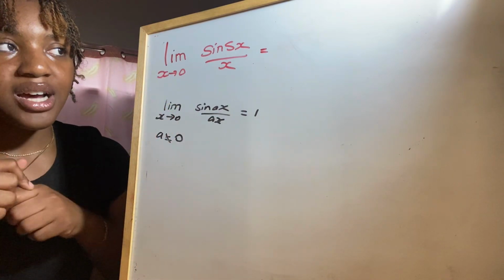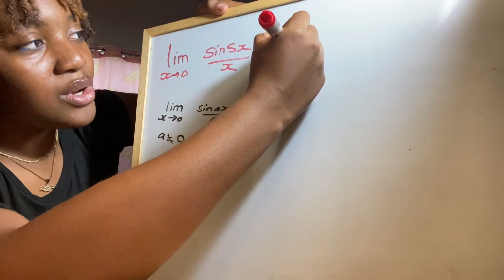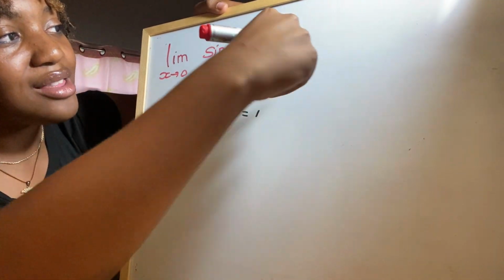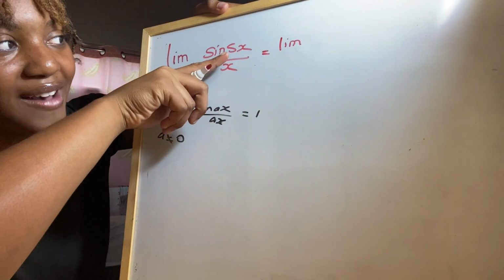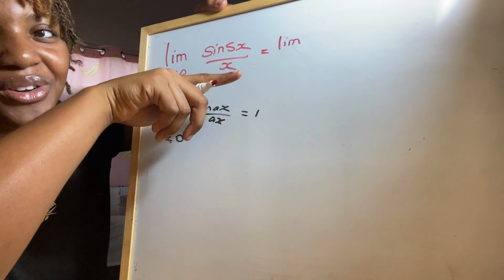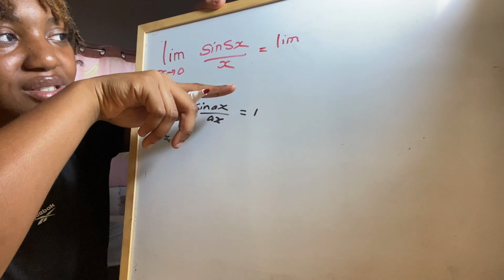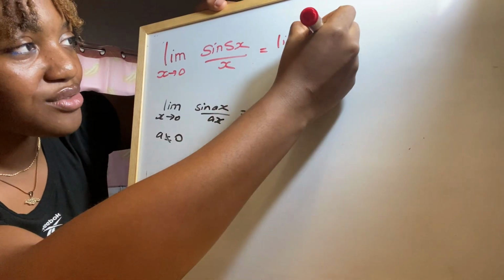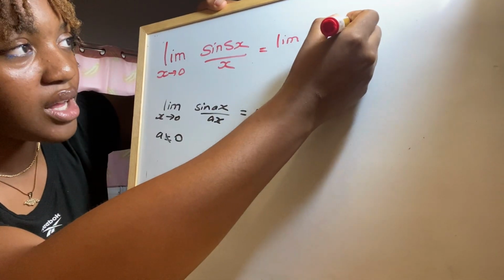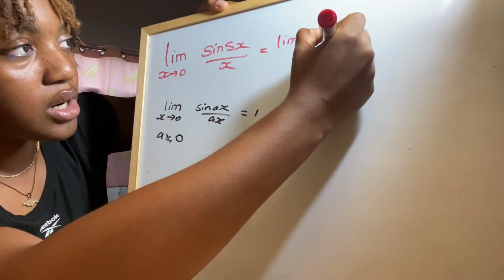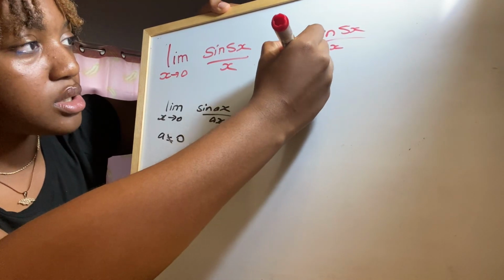And how do we do that? All we have to do is multiply the denominator by the 5, and whatever you do in the denominator you have to do in the numerator too. So let me just write it out first. Sine 5x over x as x approaches 0.